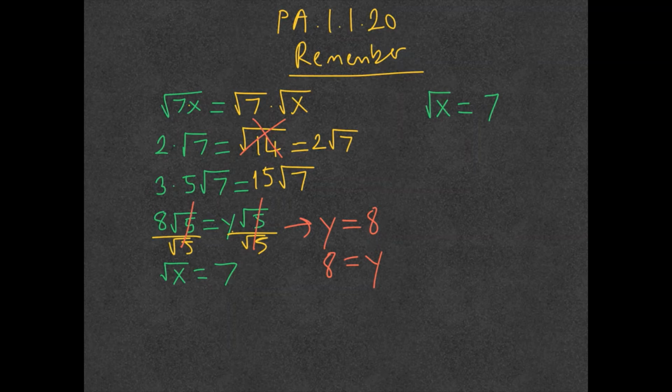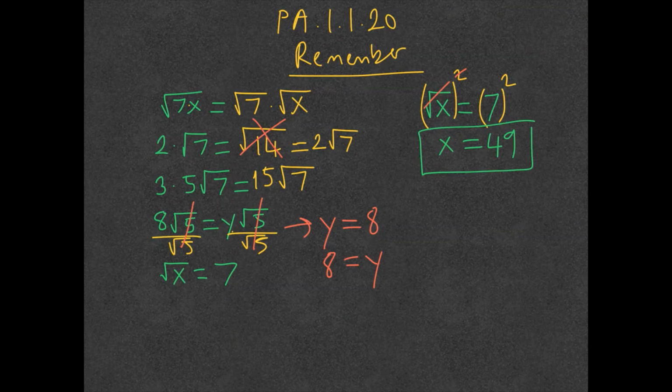Don't forget, if you would like to cancel a square root, just square both sides. When you square both sides, this square will cancel the square root, and just x will be left on the left side. 7 squared is 49. From here, the value of x is 49. Now you have enough knowledge to be able to answer the next question. Let's go to the next question.